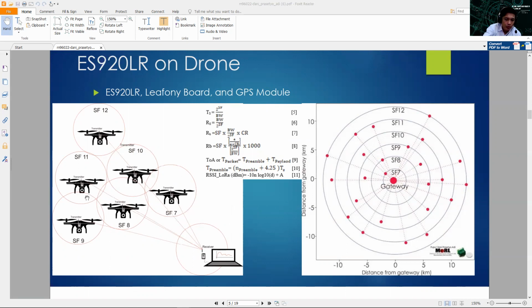A drone communicates to the receiver with different spreading factors, and the position of the gateway is like this. This illustrates the position and the difference in spreading factor.